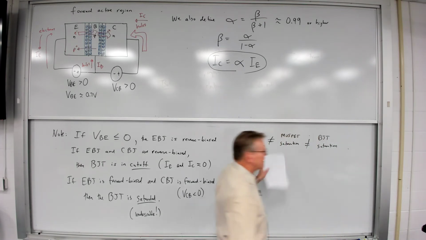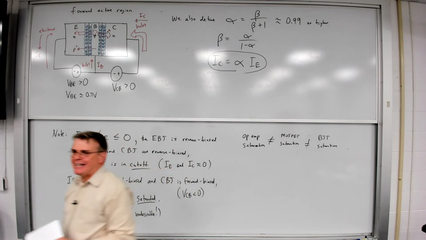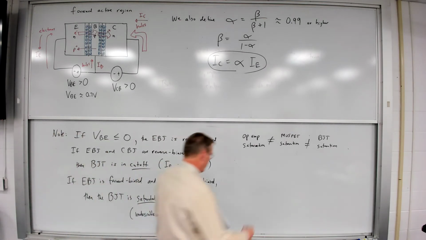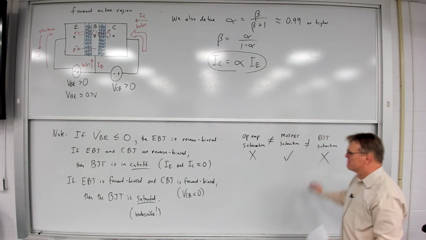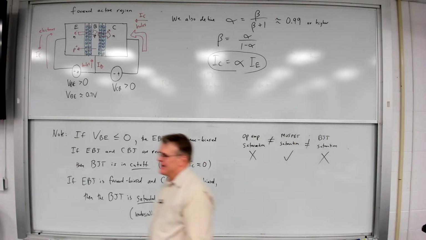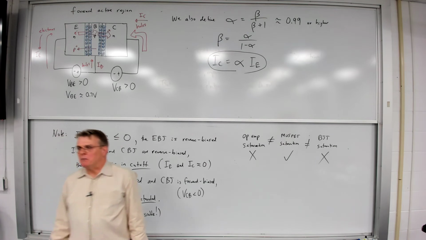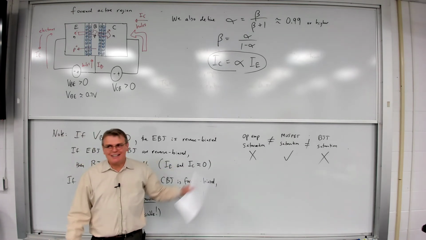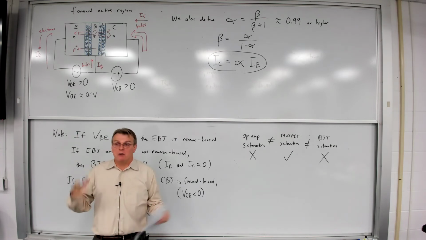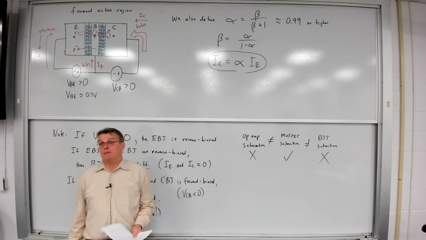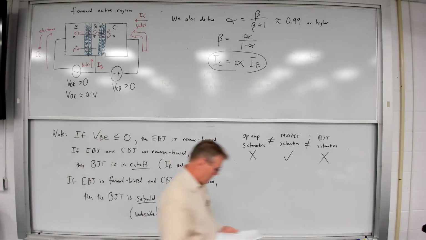Same word, completely different meanings, completely different mechanisms. This is bad, this is good, this is bad. Sorry for the confusion, but we're going to use those terms because, once again, those are the terms that everybody uses. It's the convention. You just have to understand and remember they mean totally different things. Okay?